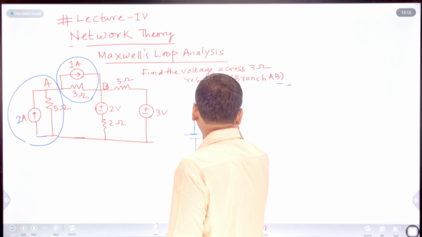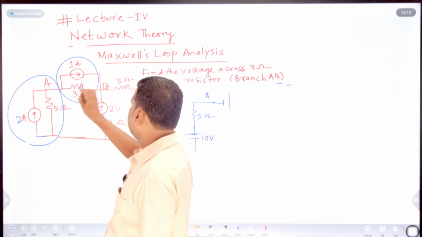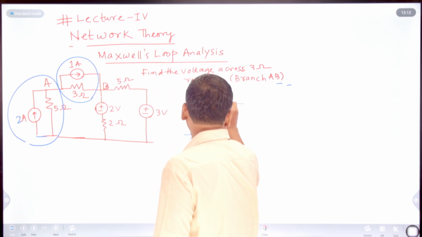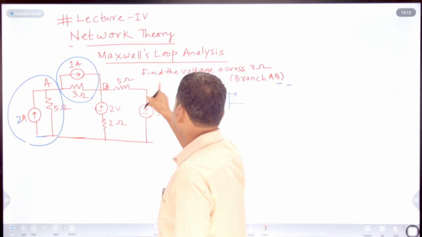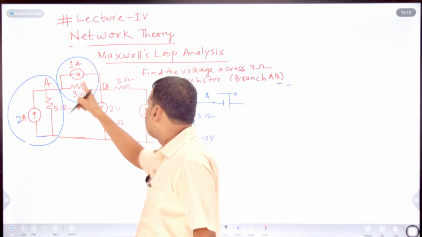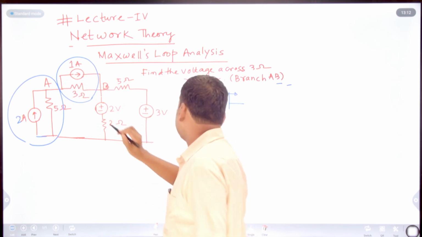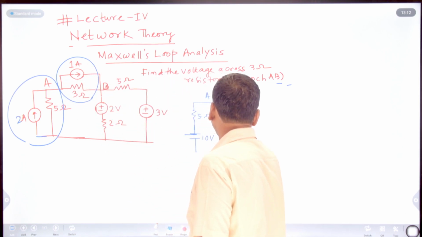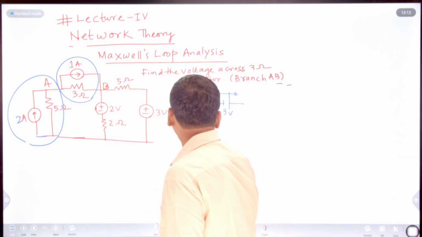The direction of the voltage source is minus here and plus here, because the current direction goes from minus to plus, so the direction is like this. This is 3 into 1, that is 3 volt, and the resistance is 3 ohm.